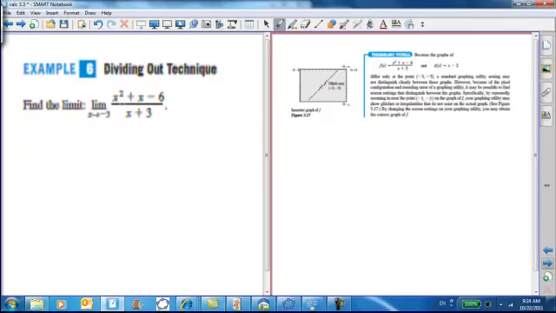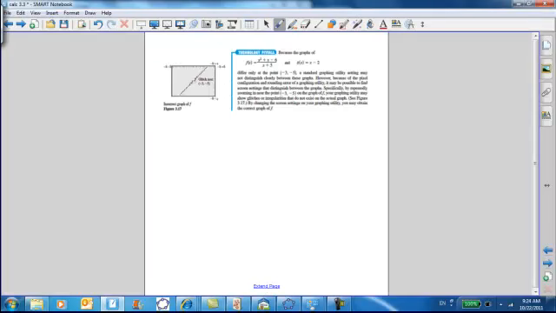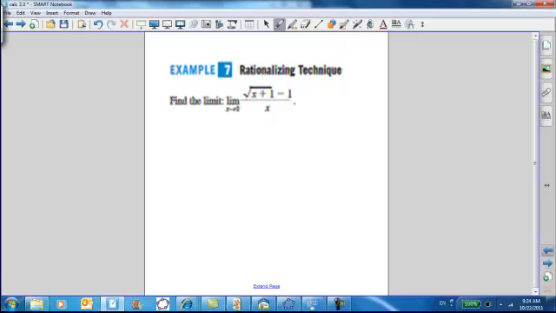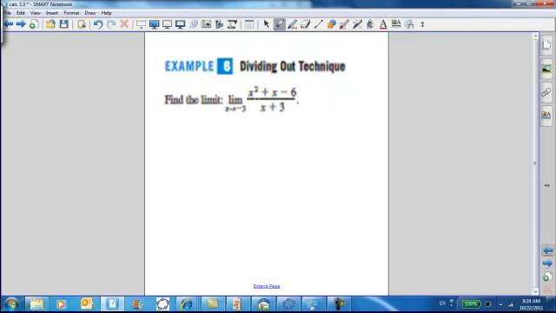For instance, on this one here, we've got the dividing out technique. Limit as x goes to negative 3 of x squared plus x minus 6 over x plus 3. If we just put a negative 3 in now, we're going to get division by 0.